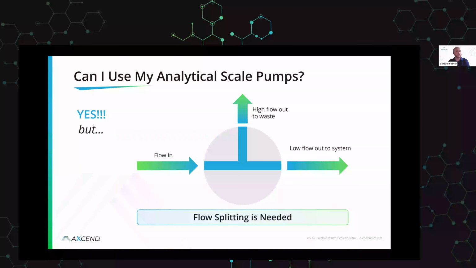In T-splitting, you split the pressure evenly among the two channels. So if you knew that at 1 microliter a minute, your column would generate 1,000 PSI of back pressure, what you would do is set up a high flow channel that also generates 1,000 PSI of back pressure at whatever flow rate you're operating at.